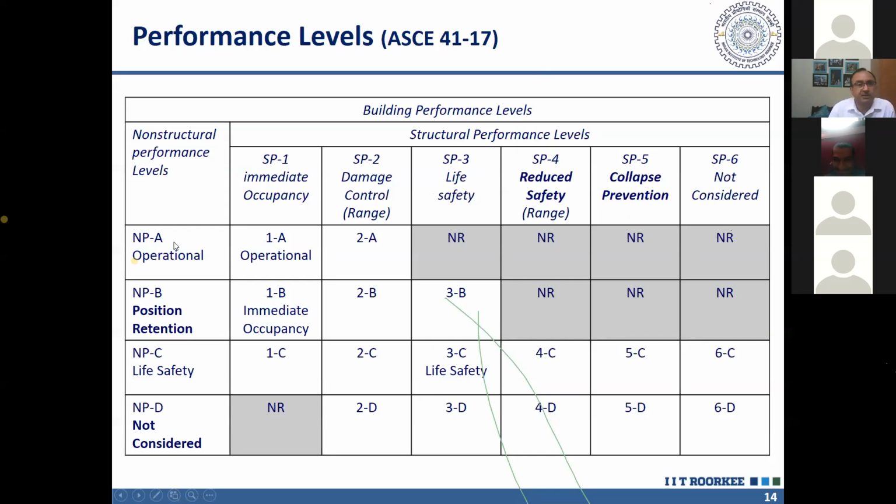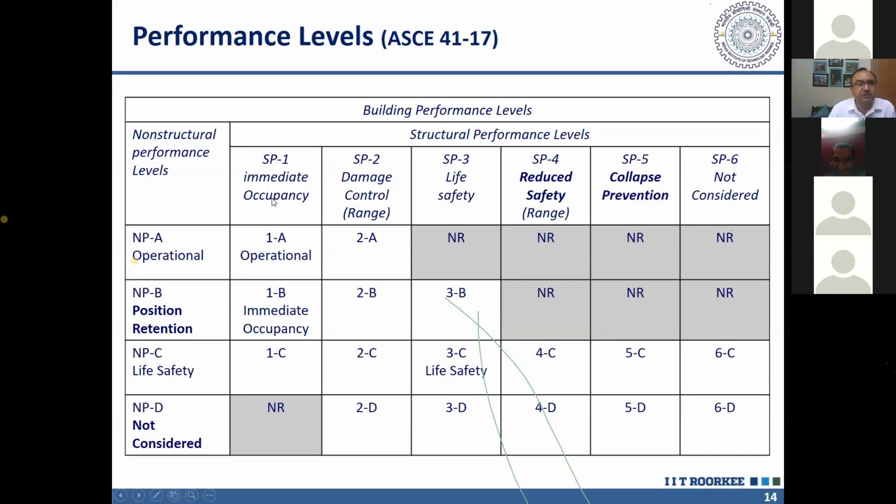Similarly, we have non-structural performance levels also, which are represented by alphabets A, B, C, D. Again, we have the operational performance level, where all the non-structural components will be secured so that they are functional.